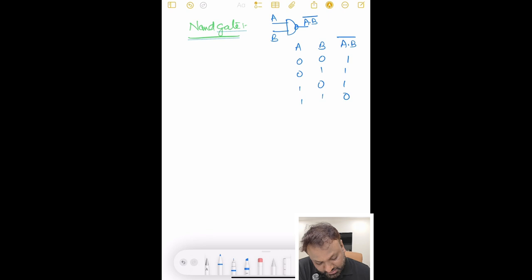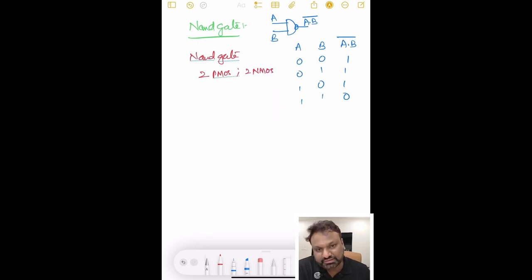Now let us try to see the implementation of NAND gate by using PMOS and NMOS transistors, that is CMOS transistors. So here for a NAND gate, two PMOS transistors and two NMOS transistors are used.